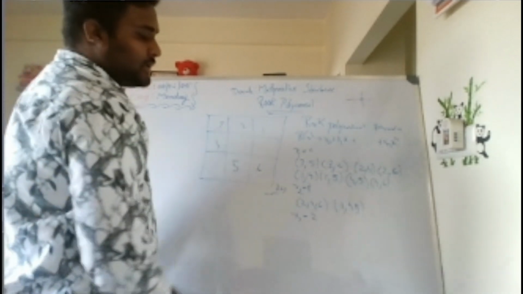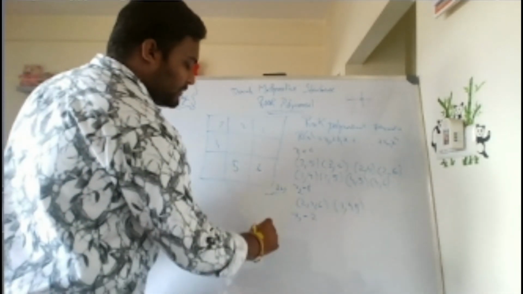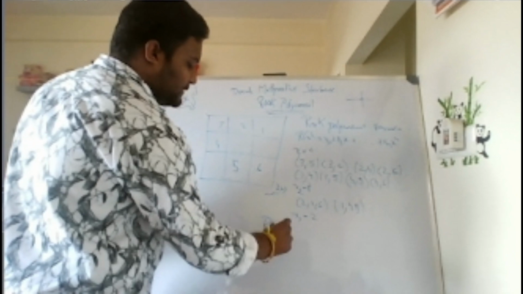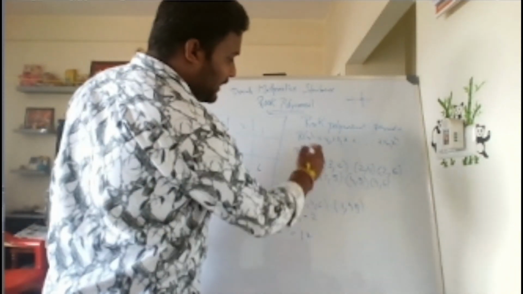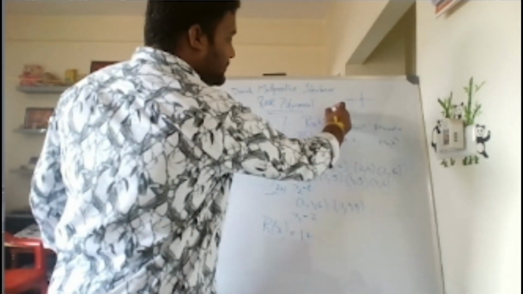because it is a 3 by 3 matrix. So we are going to form our rook polynomial. R of x equals, and r0 is considered as 1, where r0 is always equal to 1, we know that.